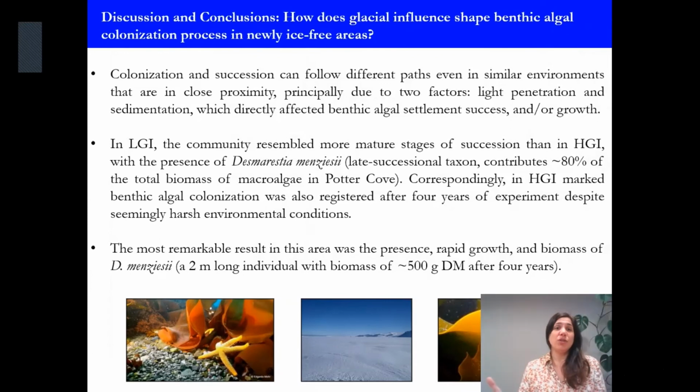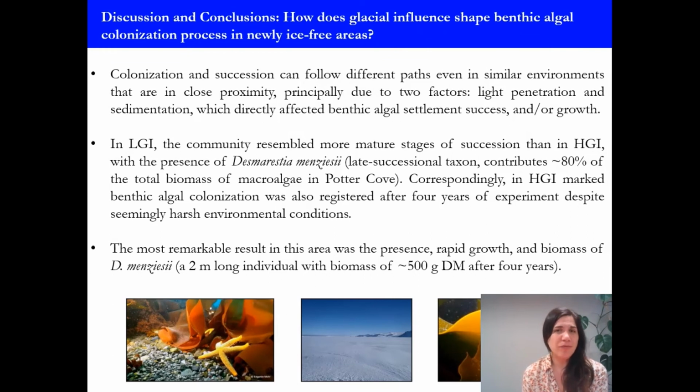So we saw that colonization and succession can follow different paths even in similar environments that are in close proximity, principally due to two factors, the light penetration and the sedimentation, which directly affect benthic algal success and growth.